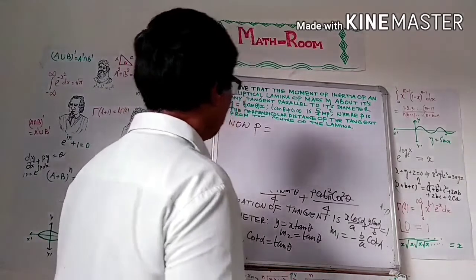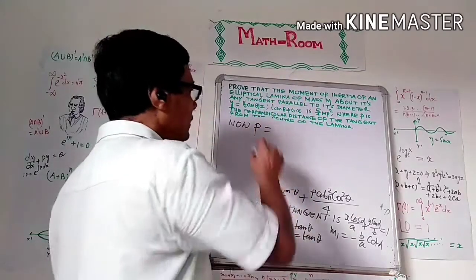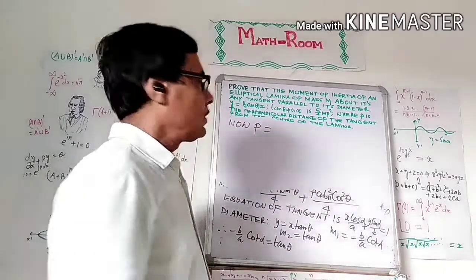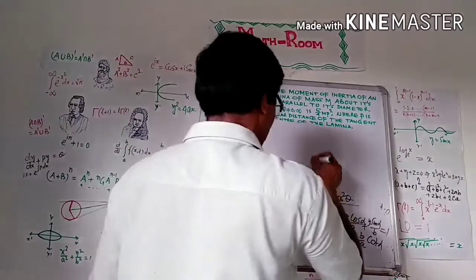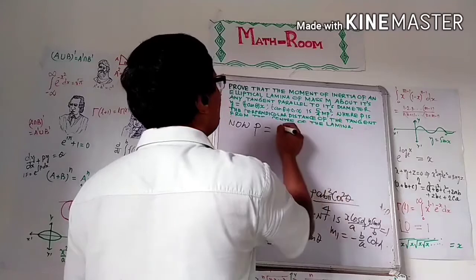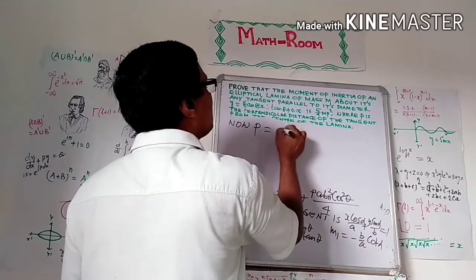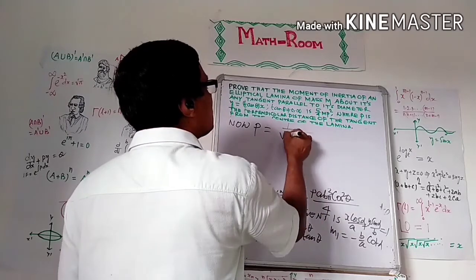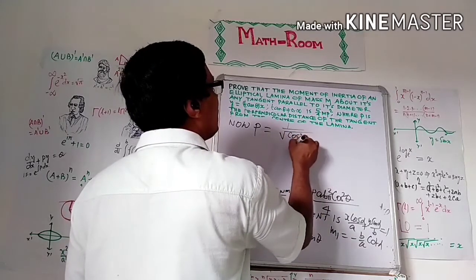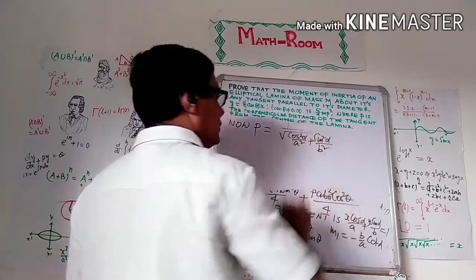So the perpendicular distance of the tangent from the center of the lamina, with the equation of tangent as above, is 1 over the square root of cos square alpha over a square plus sin square alpha over b square.